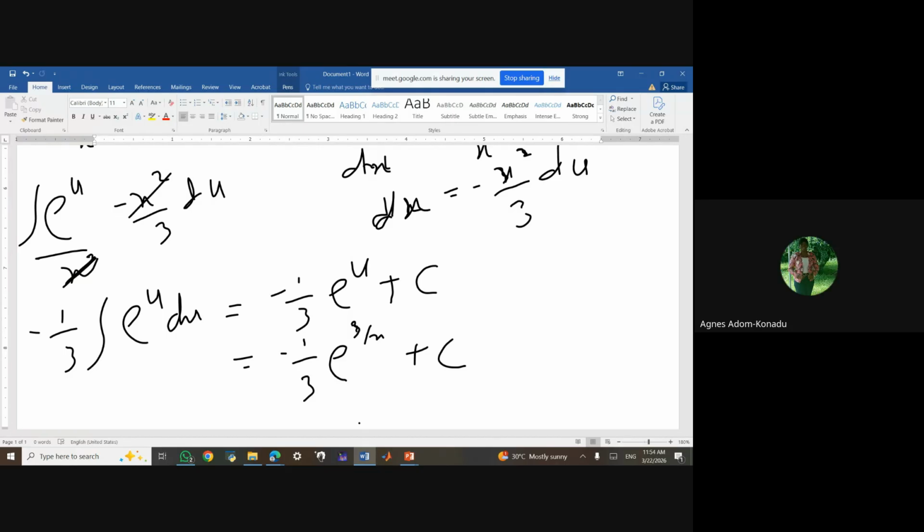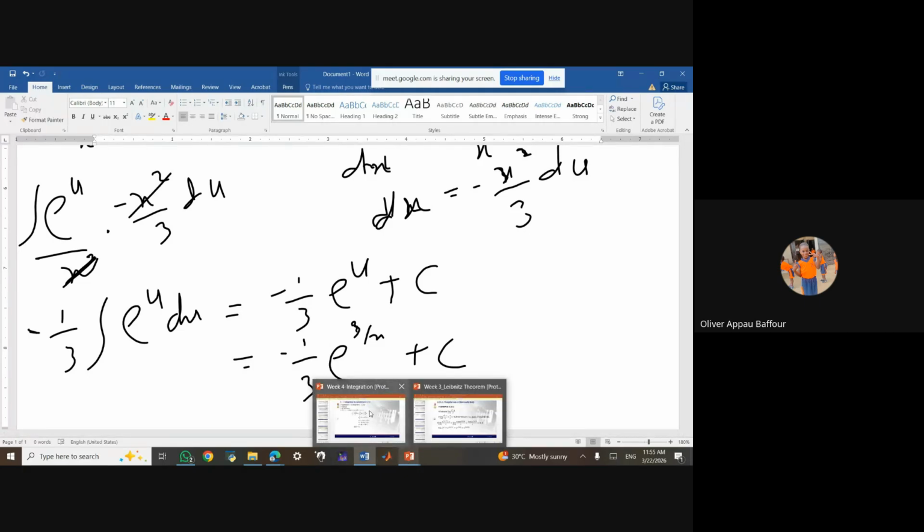Can I explain how x squared over x squared can cancel? Madam, because of the negative in between them. So I brought the negative outside. So that's why I have negative 1 on 3. Oh, okay.